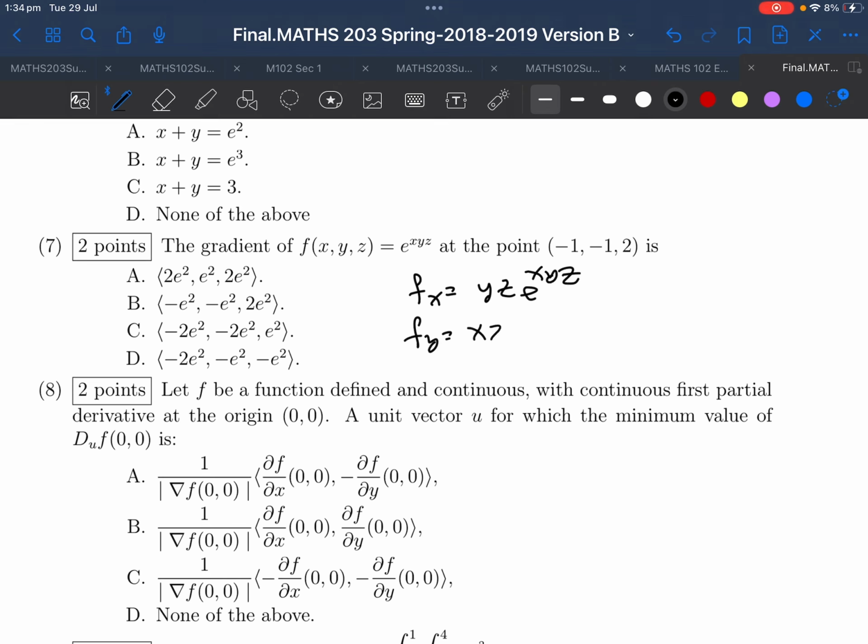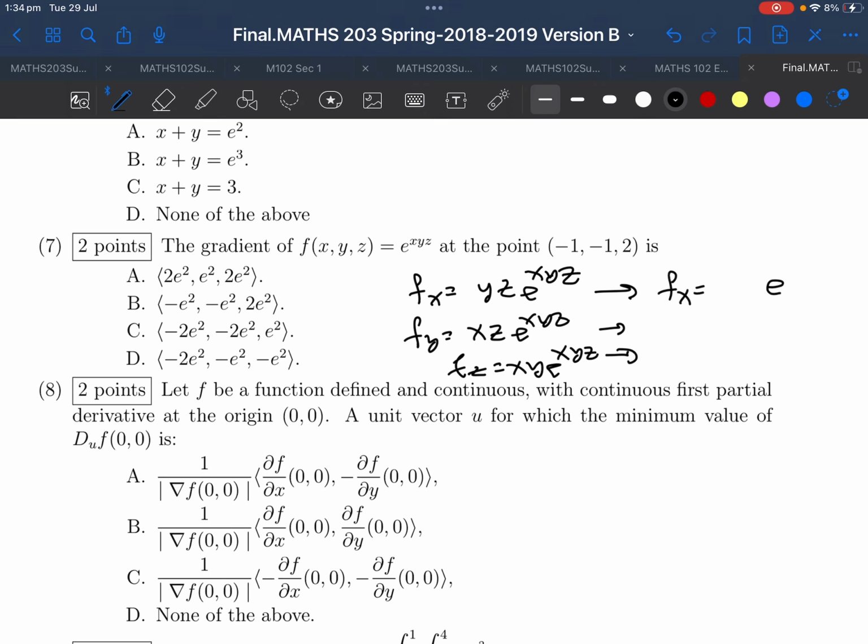Same thing for y. It will be xz e^(xyz). Same thing for z. It will be just xy and then the e. Why? Because the derivative of e is the same, and then you find the derivative of whatever is inside. Now you just need to substitute those numbers in each one of them.